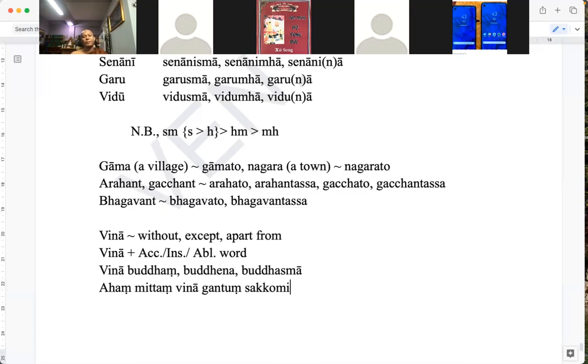It can be before or after the noun. Thank you very much, Bante. And sorry, Bante, for Sadim and Saha, can we also add them with singular and plural as well? Right. Yes. Thanks, Bante.